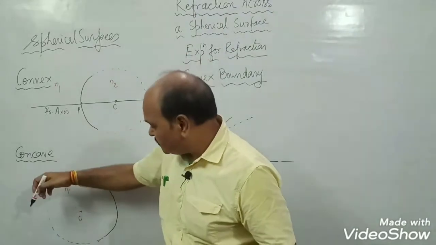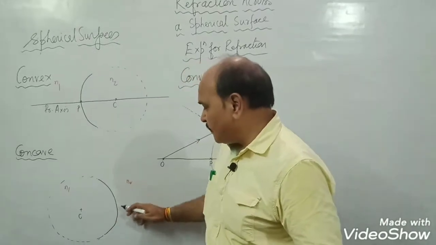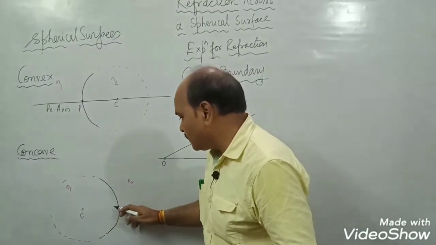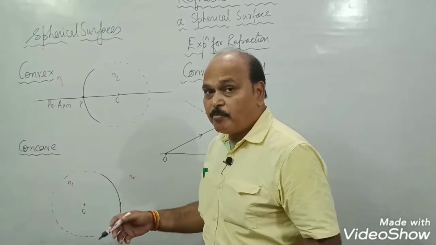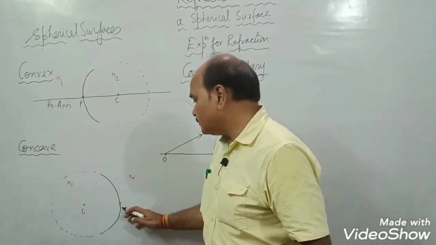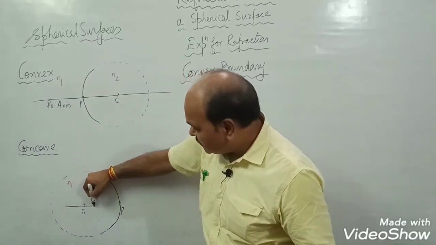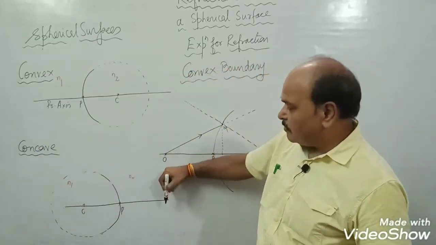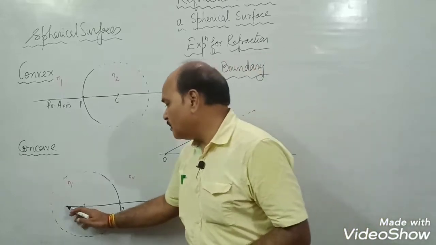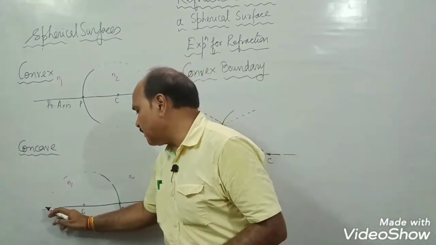Same way here also, this is a refracting boundary, and its center is called the pole or optical center. The line joining the center of curvature and pole is the principal axis.